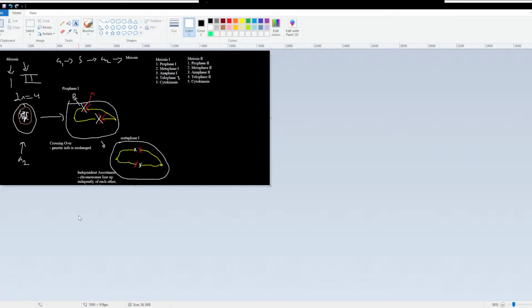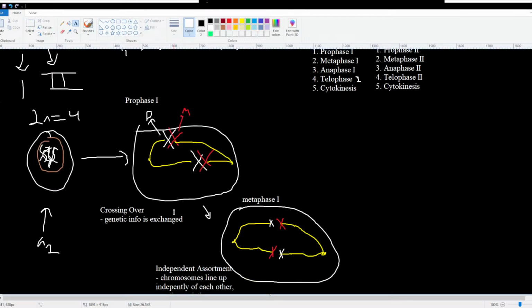I guess it got kind of cut off, and it's fine. Anyway, sorry. So we have two very important genetic variation steps, and that's crossing over and independent assortment, right? Those are two very important aspects of meiosis 1.